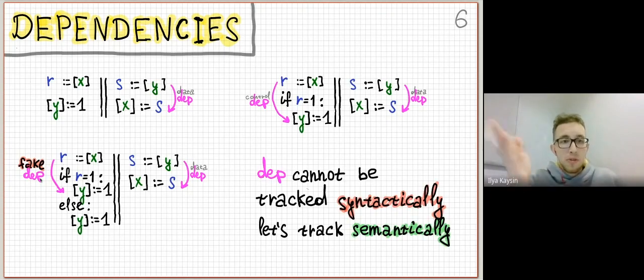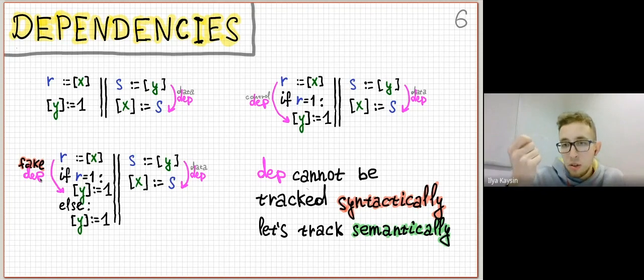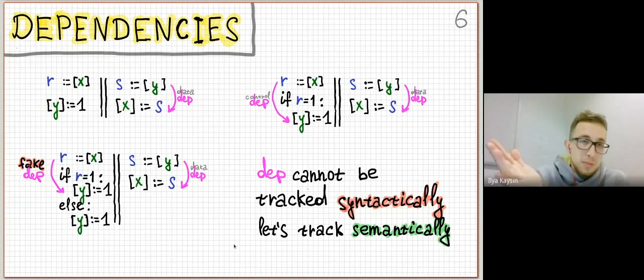So the moral of this example is that dependencies cannot be tracked syntactically, but we must reason about them semantically. In the second part of my talk, I will show you how we use logic to calculate dependencies semantically. That basically concludes the first part of my talk. If you have any questions so far, please ask.